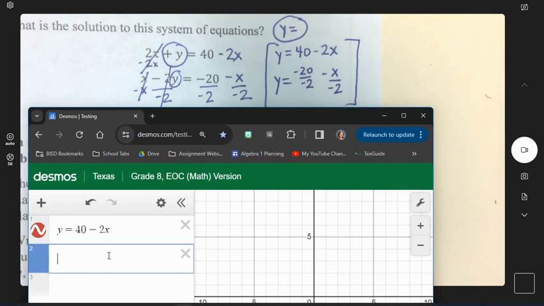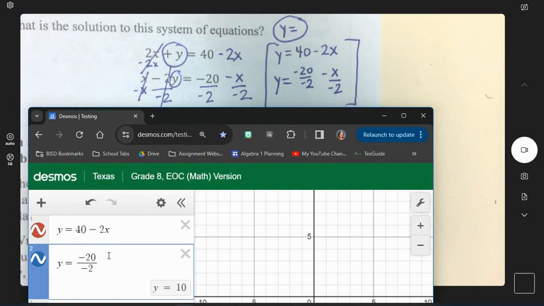And then my next one is y equals negative 20 divided by negative 2, which I really don't like. Instead, I'm just going to do the shift or the slash button. Then I'm going to do negative 20 over negative 2, like that. That way it looks exactly like our paper.